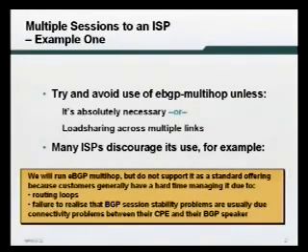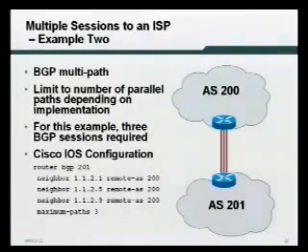But that's how people seem to end up designing things. So, as I say, try and avoid using eBGP multi-hop. I prefer eBGP on the direct point-to-point connection. Generally makes things easier.